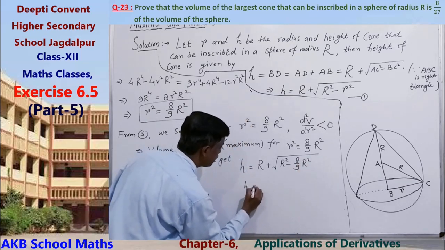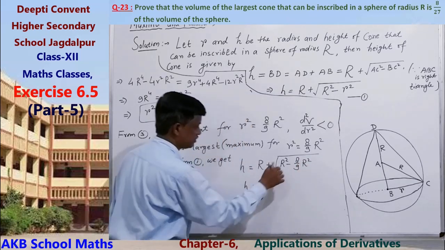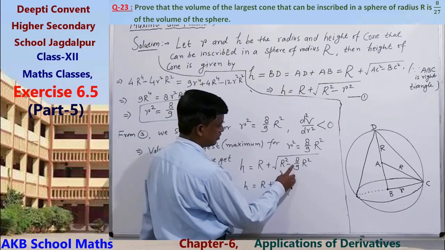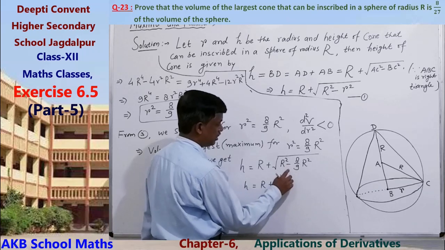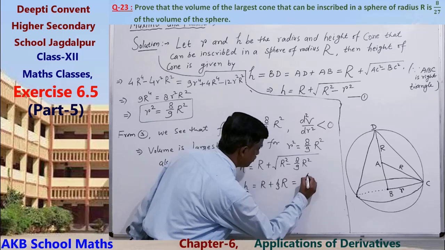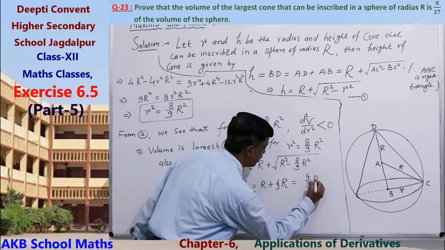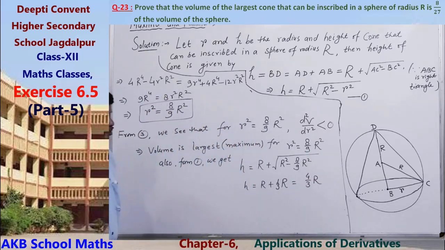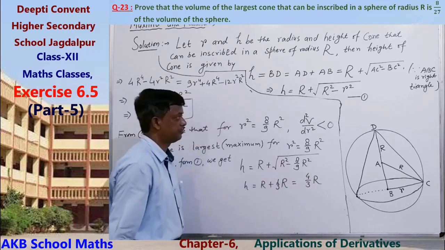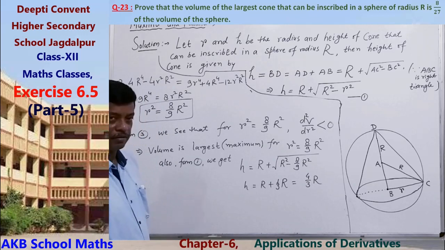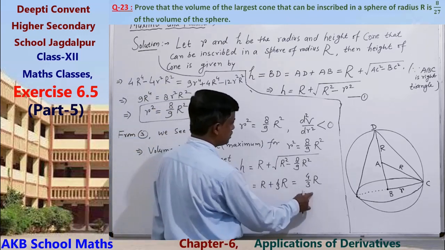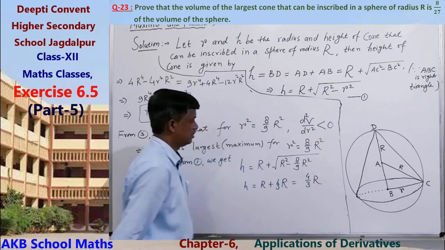By solving we can get R plus, from here 9 minus 8, 1 by 3 R. This is equals to 4 by 3 R. Okay, so height H equals 4 by 3 R. For largest volume of cone, H equals this and r² equals this.